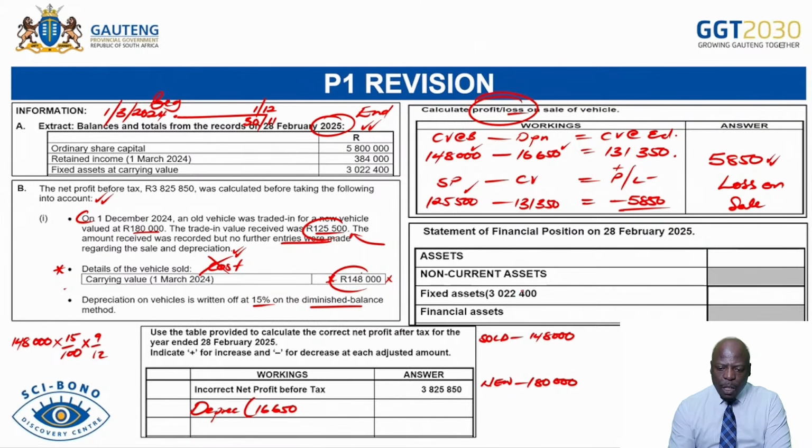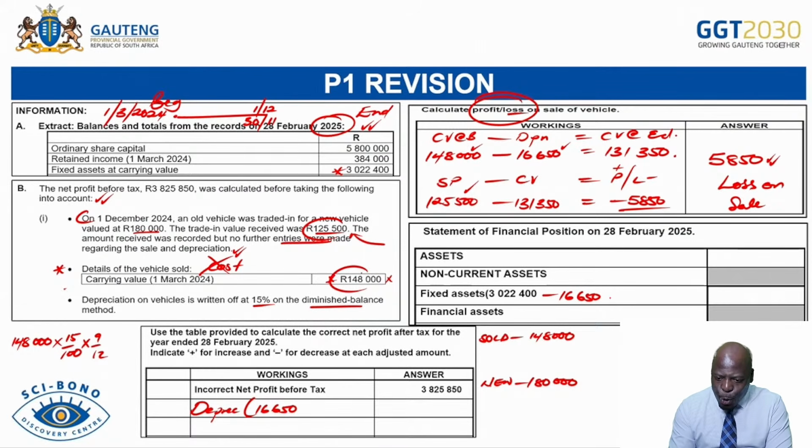Now, once we are there, you have to understand that here we're given fixed assets and this is at carrying value. So I'll come to my fixed assets and take off the depreciation for this sold vehicle, 16,650.